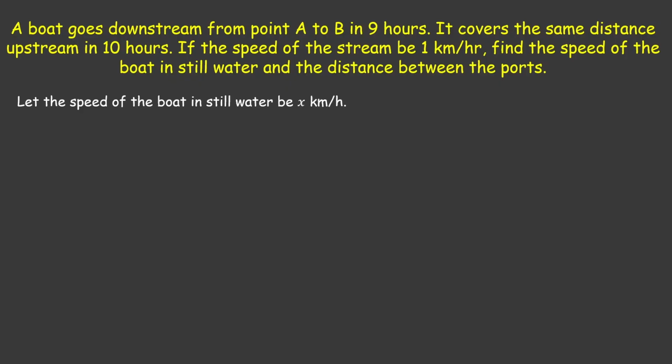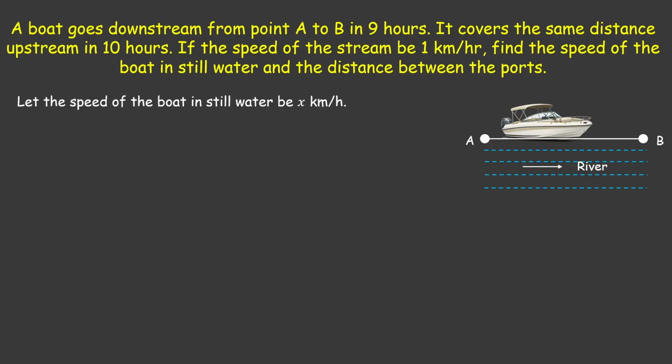Now, let us try to understand what upstream and downstream mean. So, if this is a river which is going in this direction as pointed by the arrow, and if the boat is also going in the same direction, it is called downstream. That is when the boat is going along the direction of the water or the stream. Now think about it.